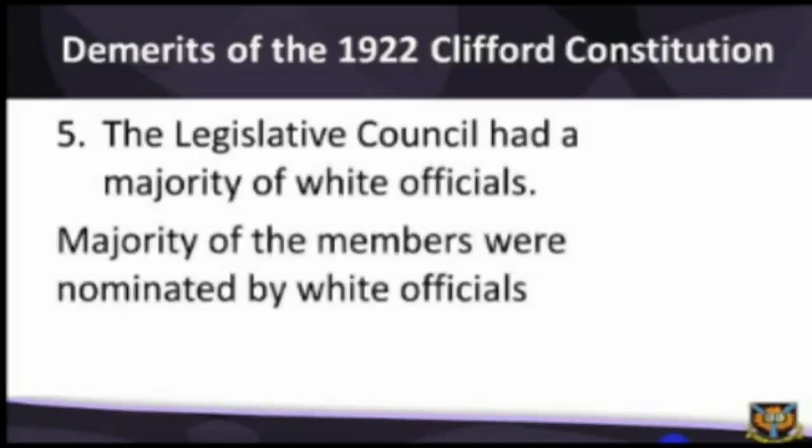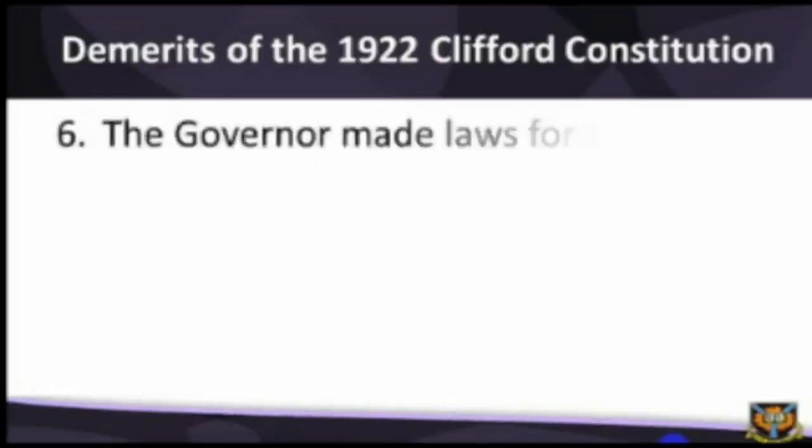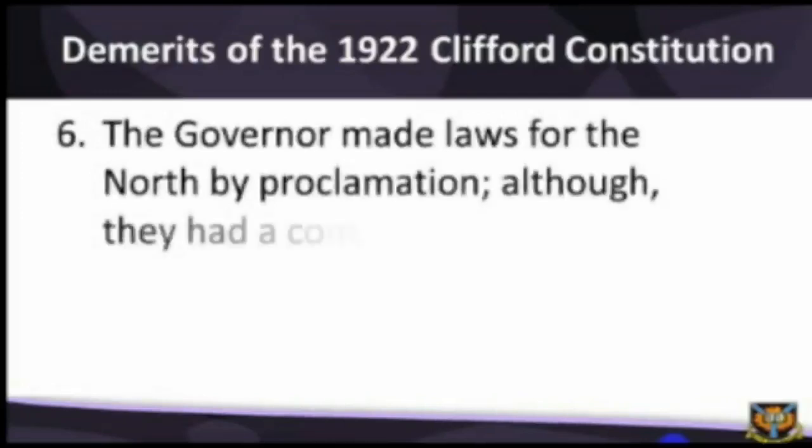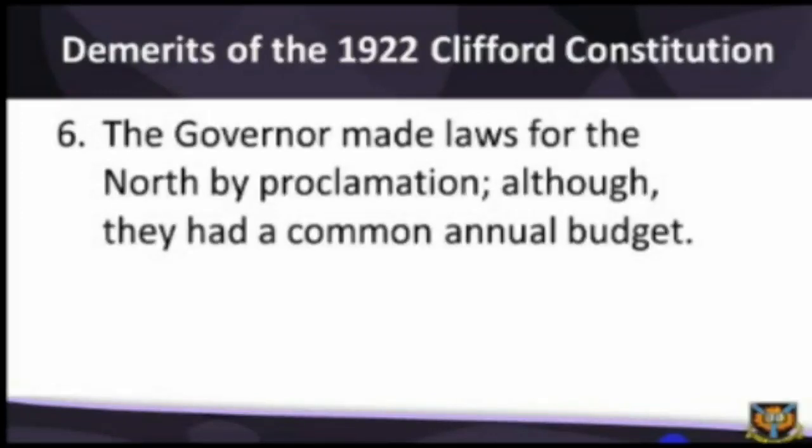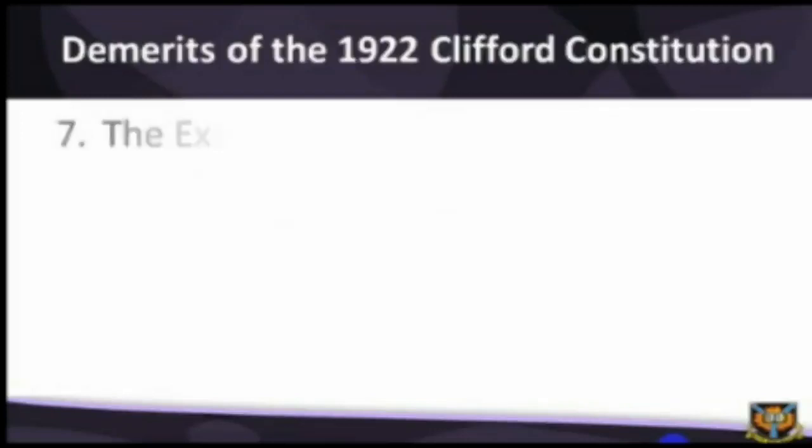Also, the majority of the members were nominated by white officials. It gave no representation to the North in the Legislative Council. The governor made laws for the North by proclamation, although they had a common annual budget.